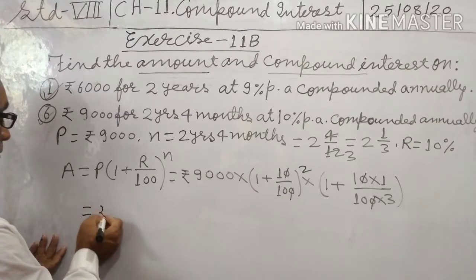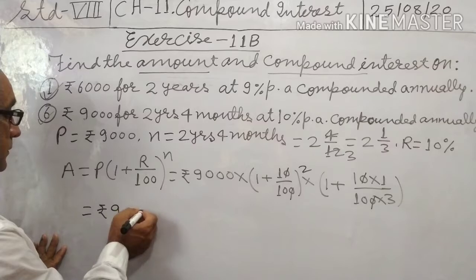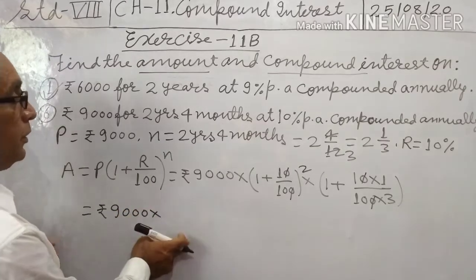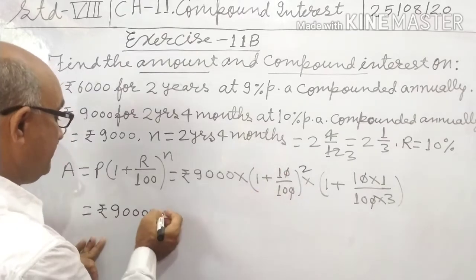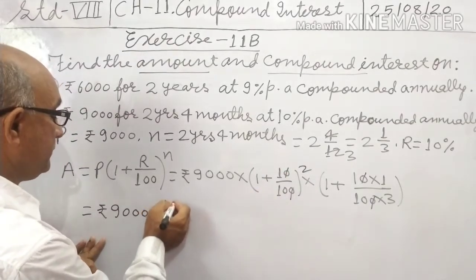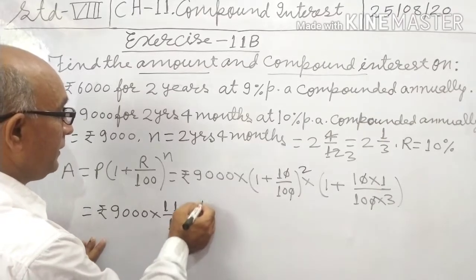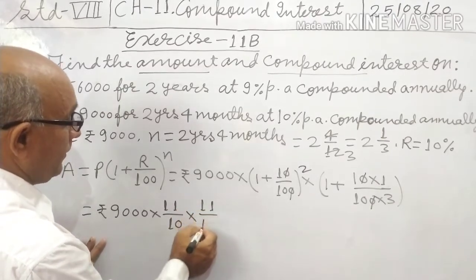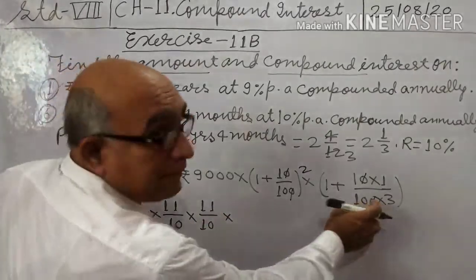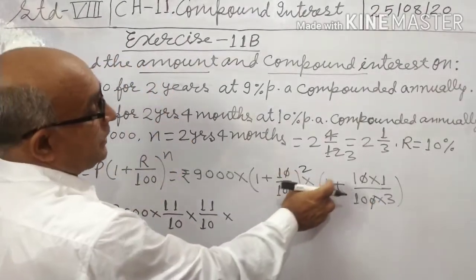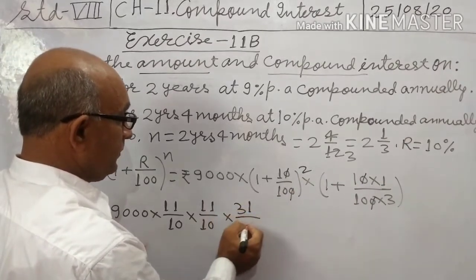Equal to rupees 9,000 into, here 10 LCM, 11 by 10 to the power 2, so 11 by 10 into 11 by 10, into 10 3 are 30, LCM 30, 30 plus 1, 31 by 10.